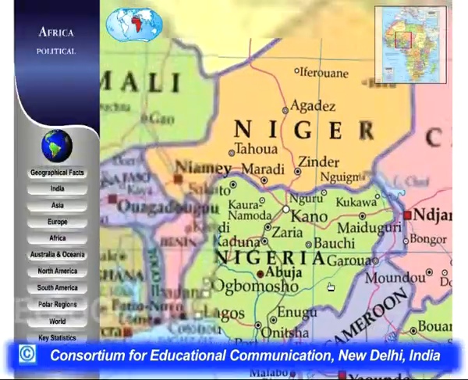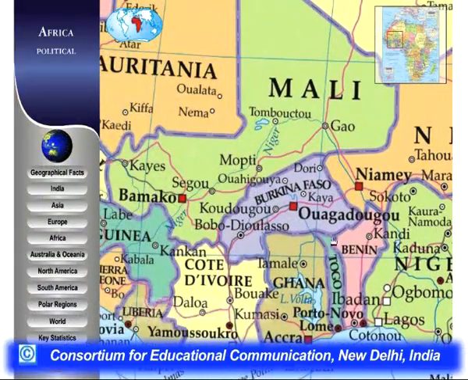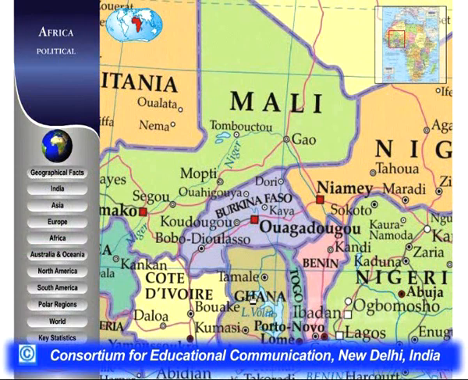And I'd like to mention how to go through and know these countries. So just above Ghana and Ivory Coast is the country of Burkina Faso. Burkina Faso, Mali, country of Mali.